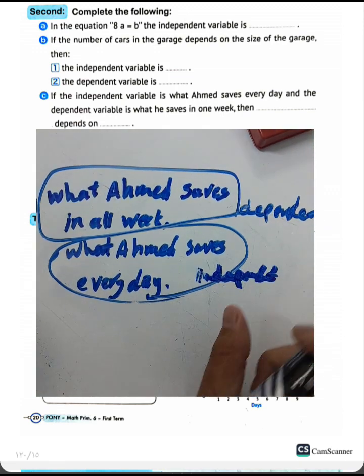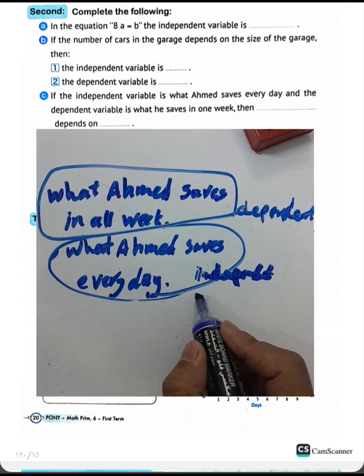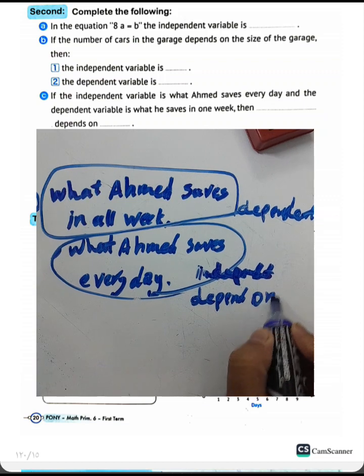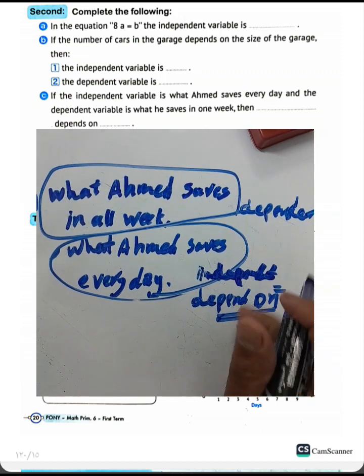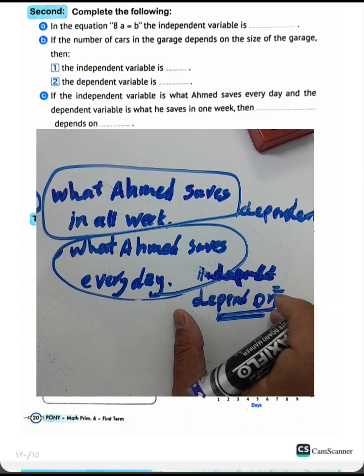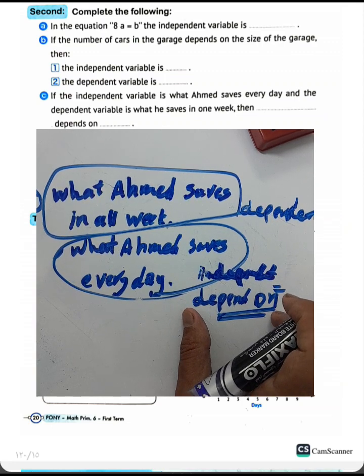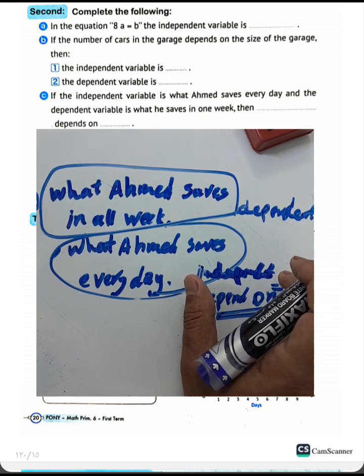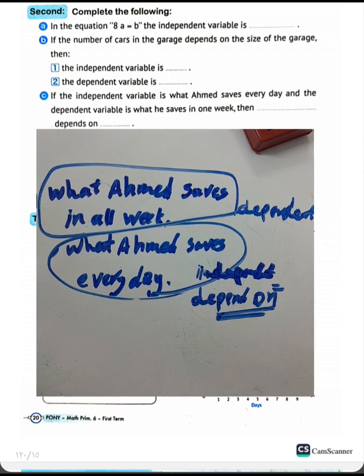And what Ahmed saves every day is independent. Depends on is equivalent to dependent. This word, independent, is equivalent to what? Depends on. Understood? Okay.